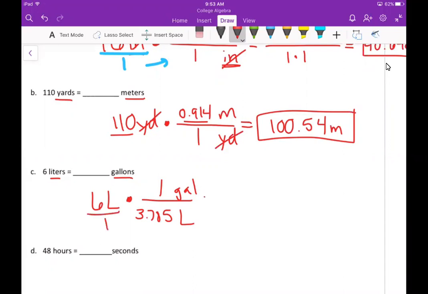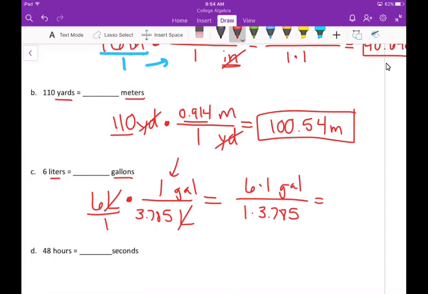Just remember again how we multiply fractions. The liters will still cancel, but this time I end up with 6 times 1 gallons in my numerator and 1 times 3.785 in my denominator. So what that means I need to do is take 6 and divide by that 3.785 rather than multiply by that number. And that's why it's so important to set this conversion factor up correctly.